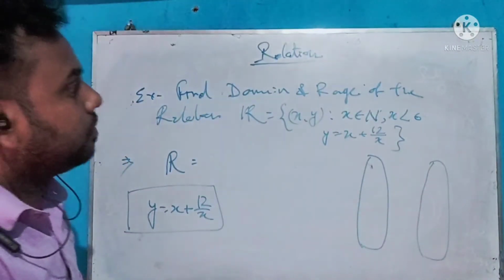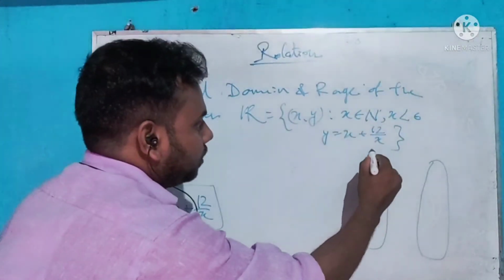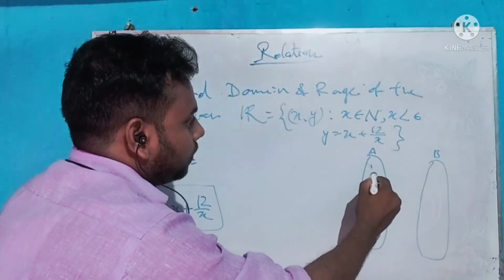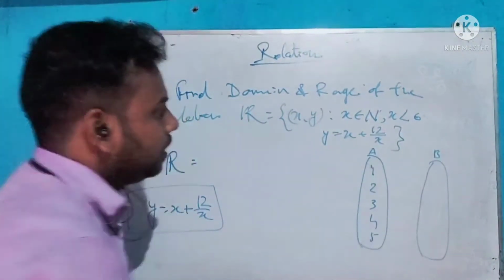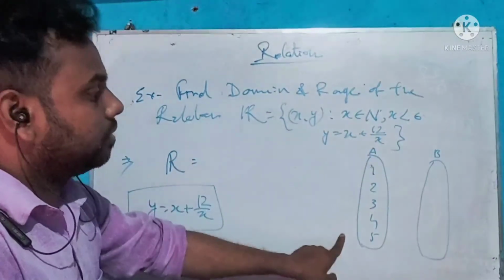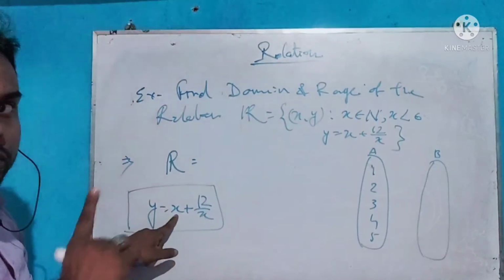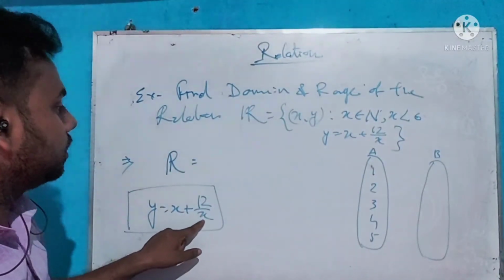What are the elements of set A? Taking this as set A and this as set B, the elements of A are less than 6, that means 1, 2, 3, 4, 5, because this is a natural number. So we put x as 1, 2, 3, 4 and 5, then we get the y value.